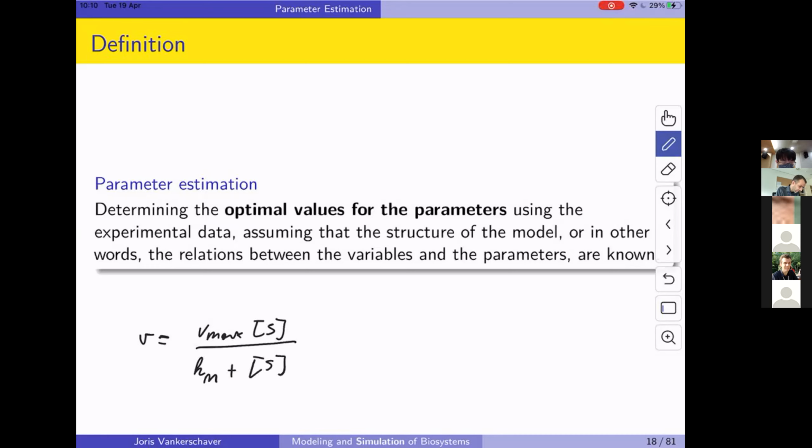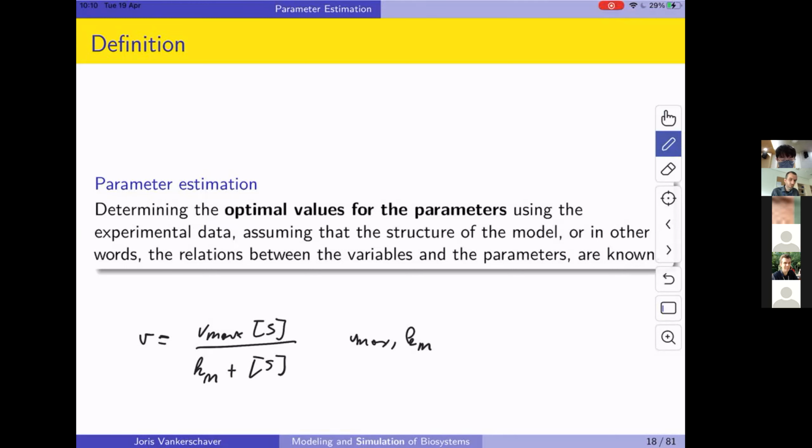So in this case, these Vmax and Km are parameters of our model that a priori we don't know, that they will be different based on what particular enzyme, what particular substrate we have. So typically either we can look them up in a book or in a paper, or we have to measure them experimentally based on some data.